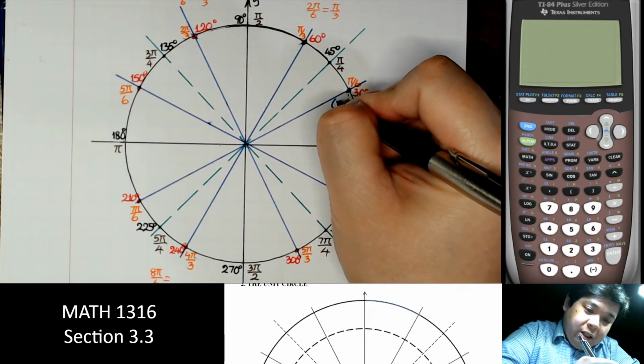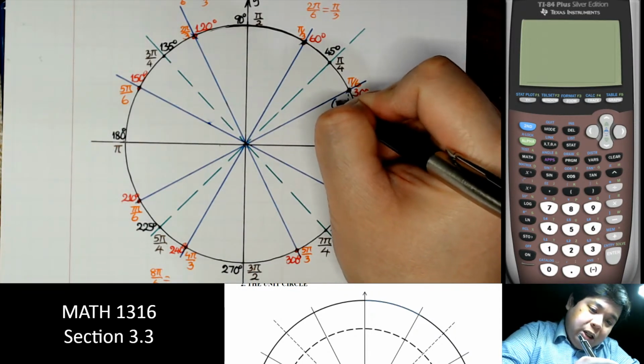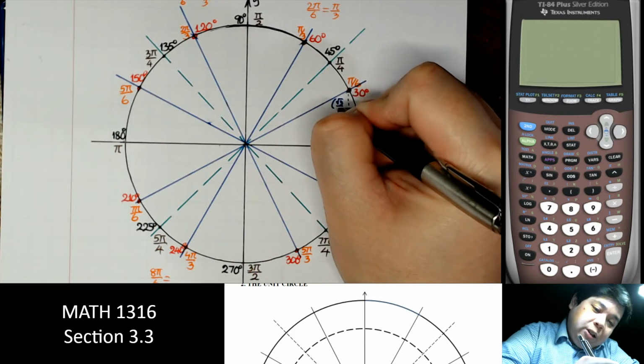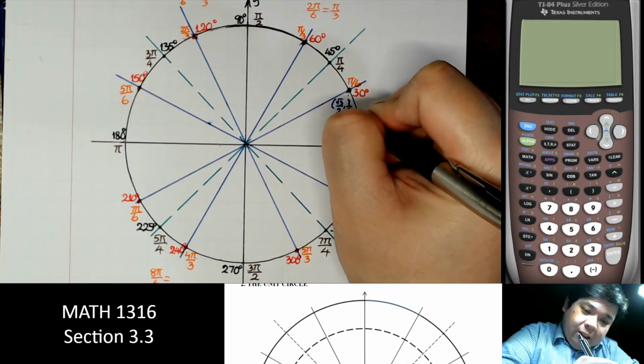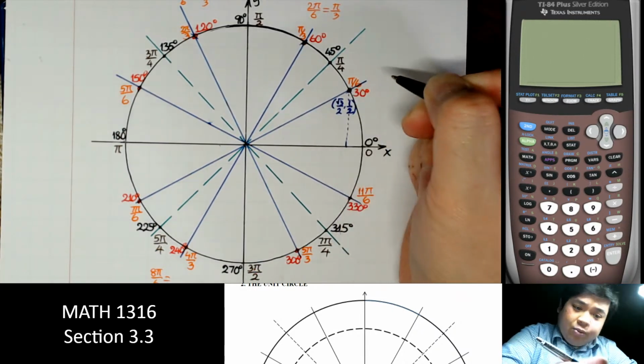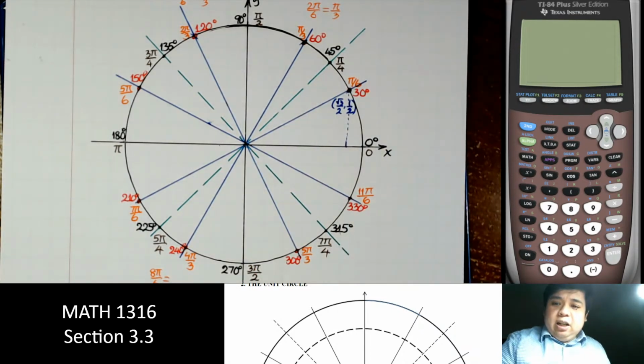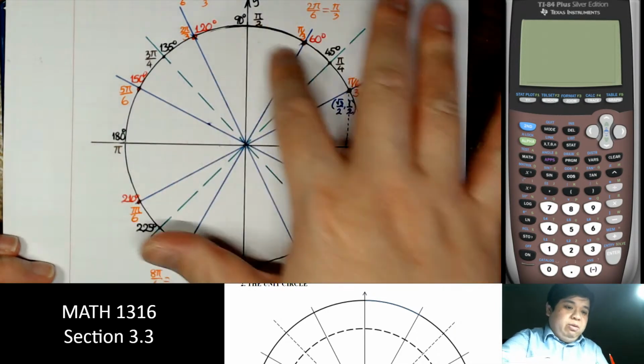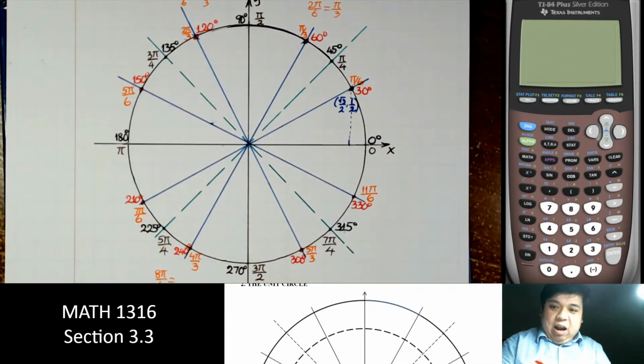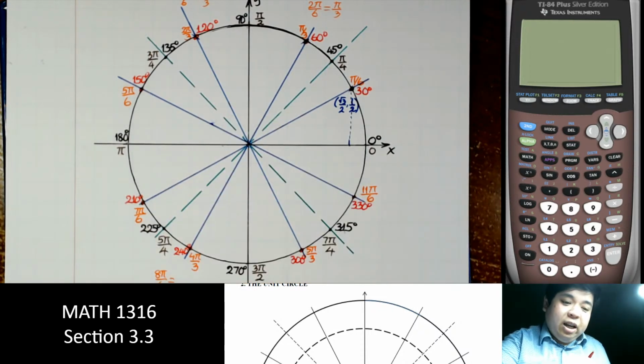So the coordinate is x equal to square root of 3 over 2 and y equal to 1/2. And we have the rest of the points. Don't worry, I'm going to send you the unit circle completely filled out with all of the data nicely. But what I want you to pay attention to is this.